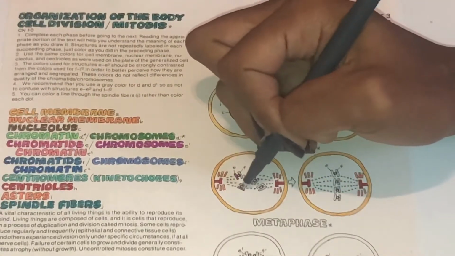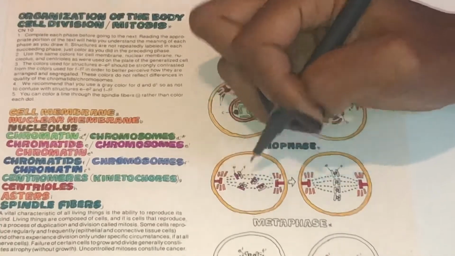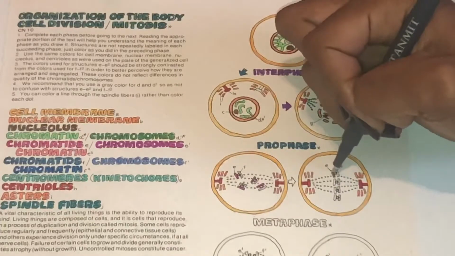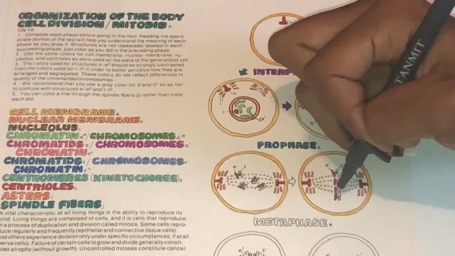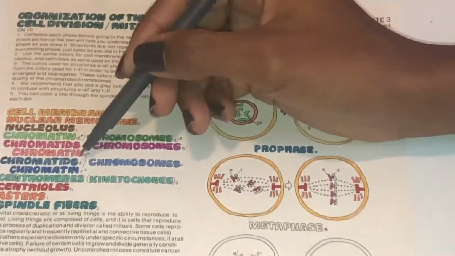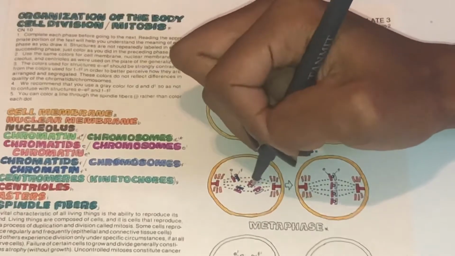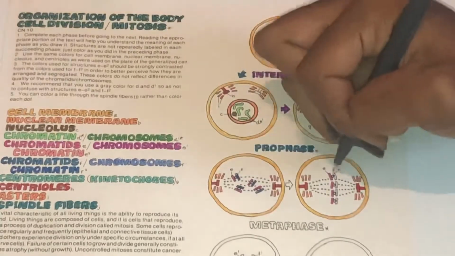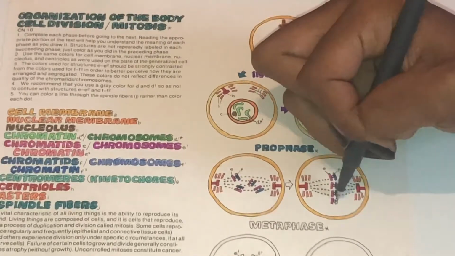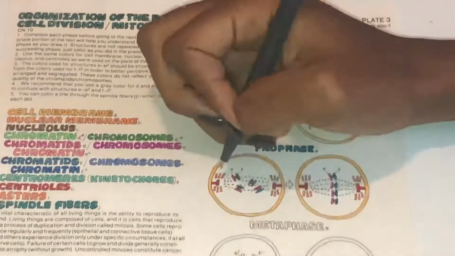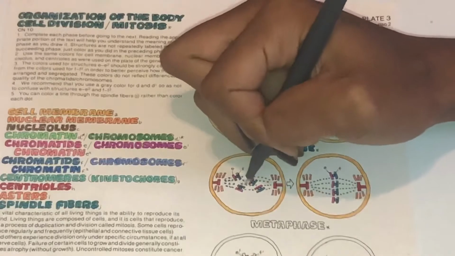And these chromatids, I'm going to color in pink. And these other chromatids, I'm going to color in blue. And I'll go ahead and color those spindle fibers.